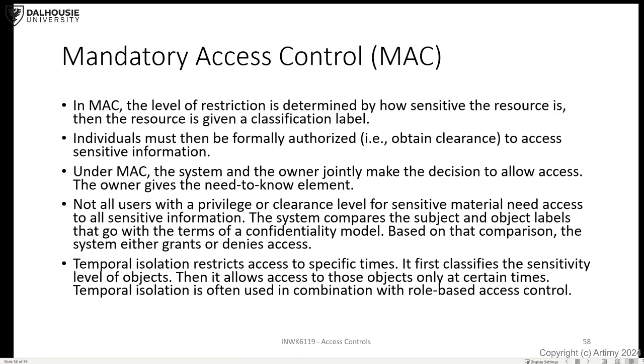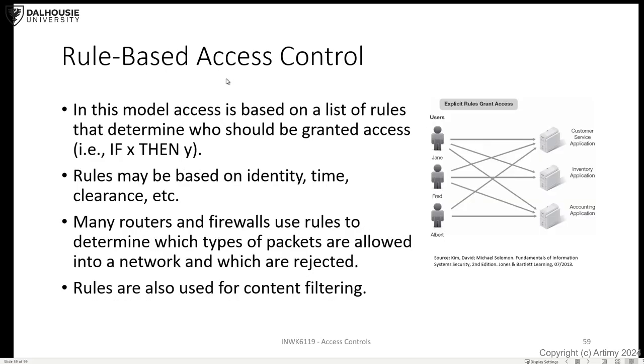So that's role based, and also you have a clearance level to see a document that is supposed to be a sensitive document. Not everybody can see it, right? So, okay, rule based.